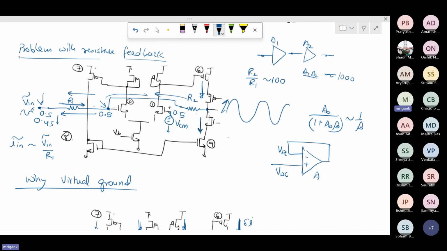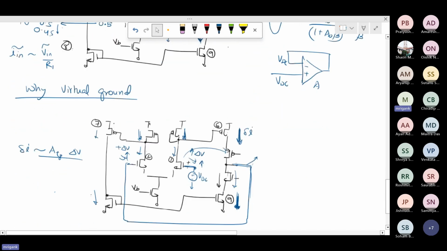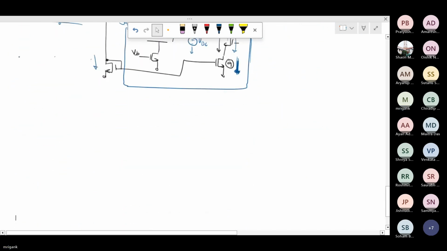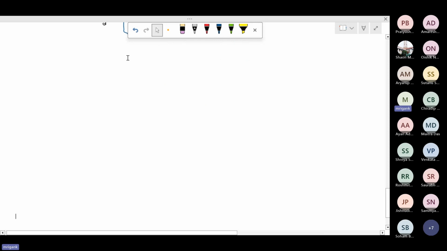So to solve this, people generally go for capacitive feedback, where you have the AC and DC decoupled. You don't have to worry about the DC level. So then we have capacitive feedback. Again, I can copy that amplifier.